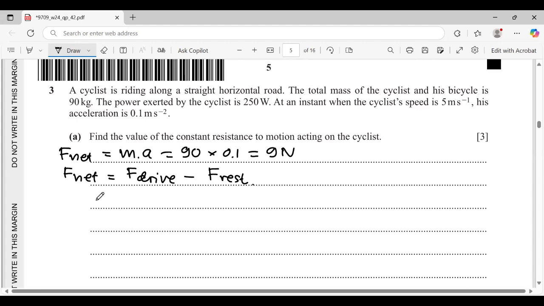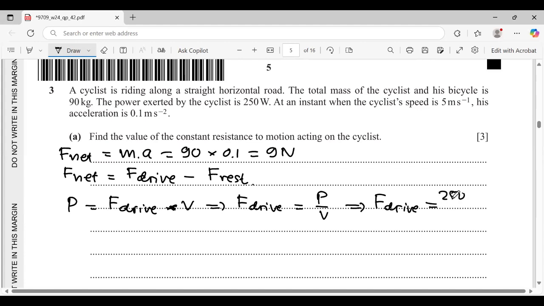Now we're going to find the drive force using power equals drive force times velocity. Rearrange this formula: drive force equals P over v. So the drive force is 250 divided by 5, which is 50 newtons.